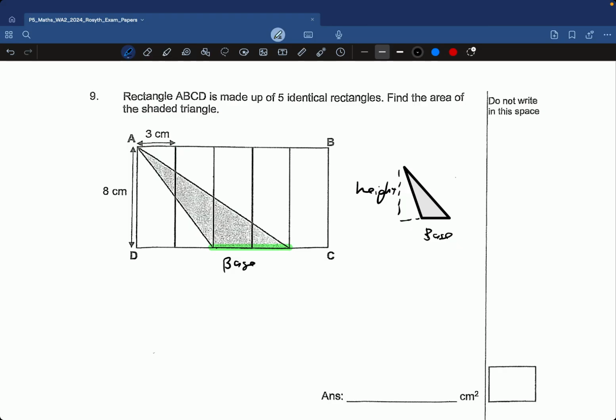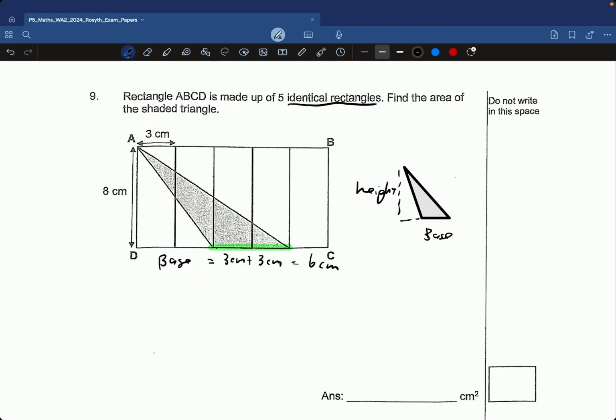Since these are identical rectangles, there are two lines over here. That means the base itself is 3 centimeters plus 3 centimeters, which is 6 centimeters. So the base is equal to 6 centimeters.